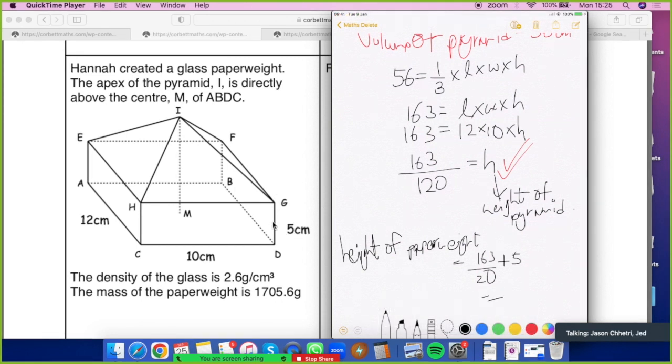And that gives us about 6.36 to 2 decimal places.